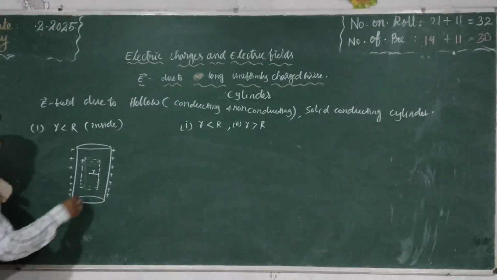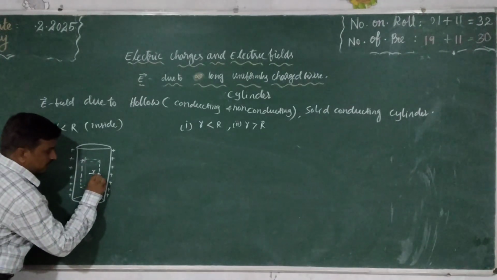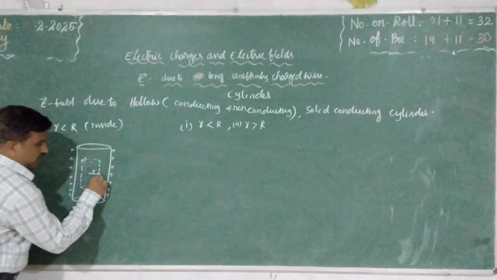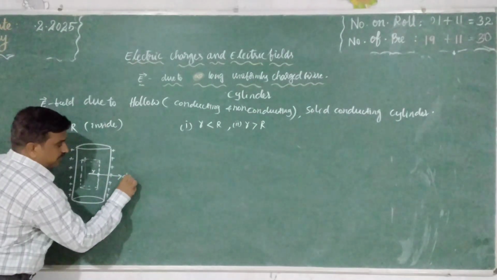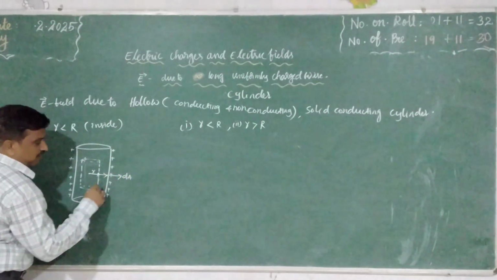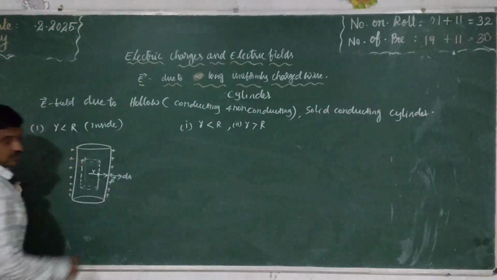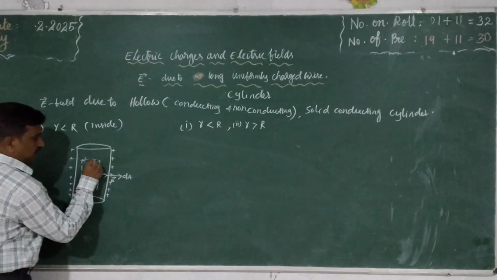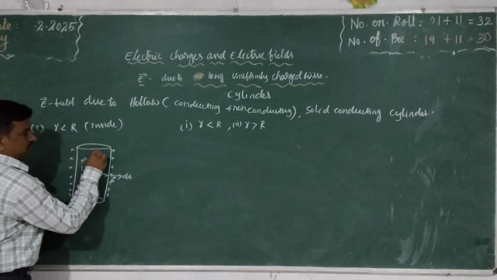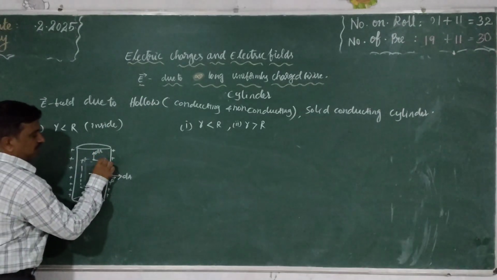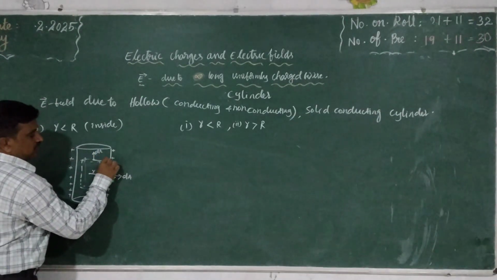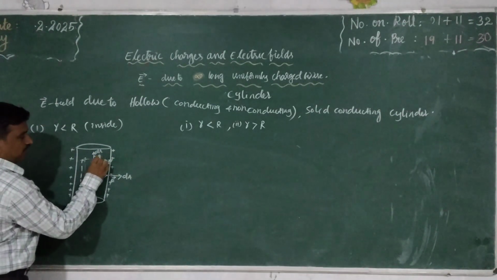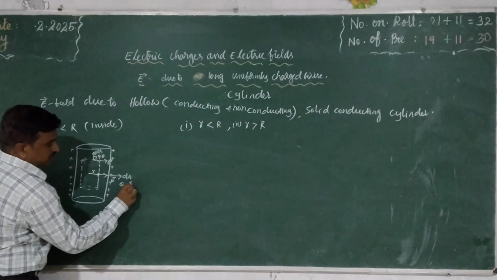For example, I select this part. Here the area vector is dA and the electric field is E, so both are in the same direction, and theta is 0.